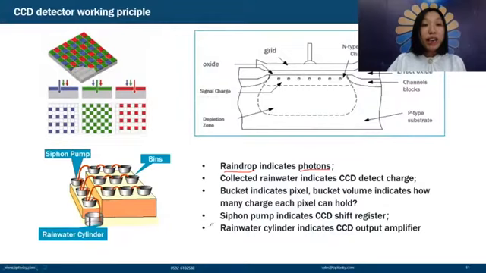So we can use the rain coming down and the rainwater pouring out process to understand how the CCD detector works. It just needs to transfer the electric charge to voltage, and in these large cylinders, you can read out the voltage.